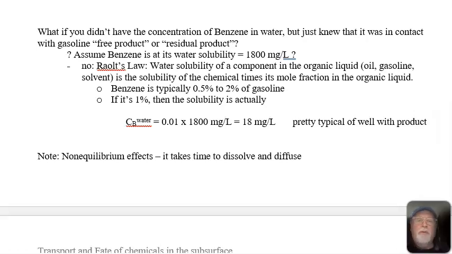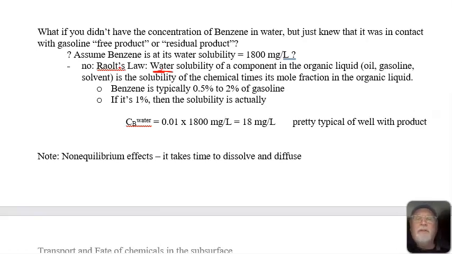The reason you don't is described by Raoult's law. So Raoult's law says the water solubility of a component in an organic liquid. So we have a bunch of components in the organic liquid. Benzene is about 0.5 to 2% in an organic liquid. The water solubility of that component, benzene, is the solubility of the chemical, 1,800 milligrams per liter, times its mole fraction in the organic liquid.